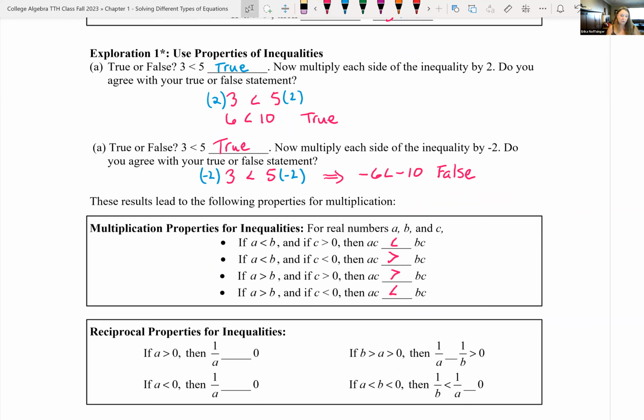There's a reciprocal property that is helpful and something that you'll use once you get into calculus to help us prove stuff. In this case, it says if you have a positive number A, which is bigger than 0, then 1 over A is also going to be bigger than 0. 1 over a positive number is still positive.